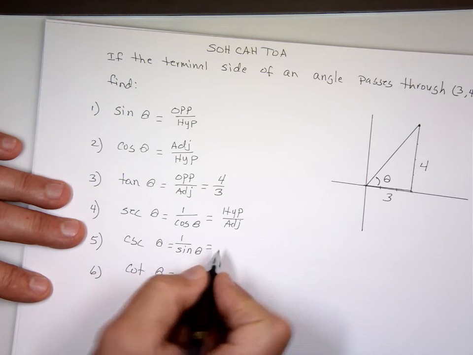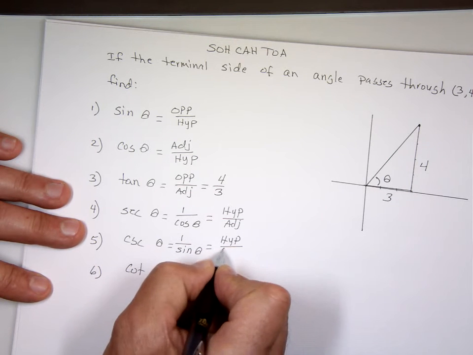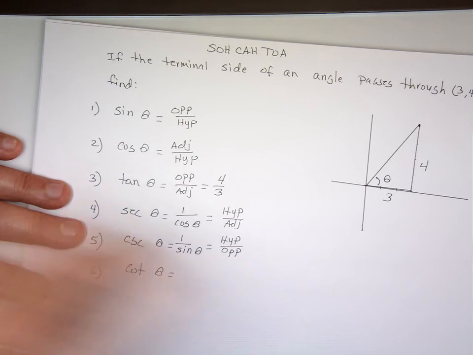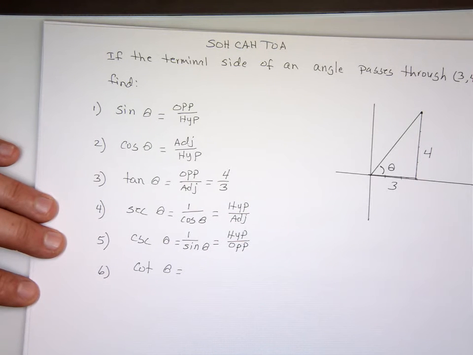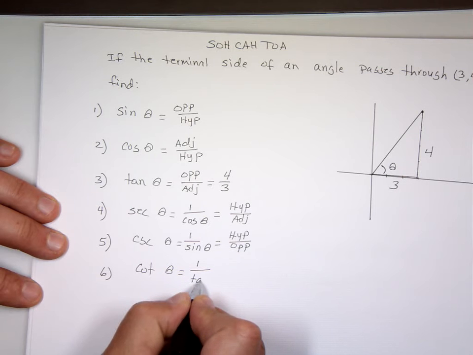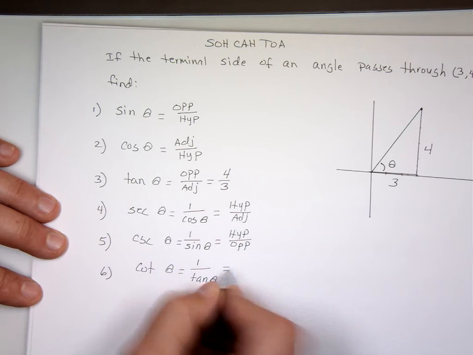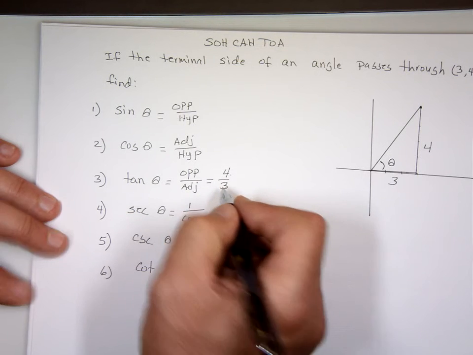Hypotenuse over the opposite. Can't do it. And what's the cotangent? 1 over tangent theta. Do we know what tangent theta is? 4 over 3, 1 over that, flip it. The reciprocal.